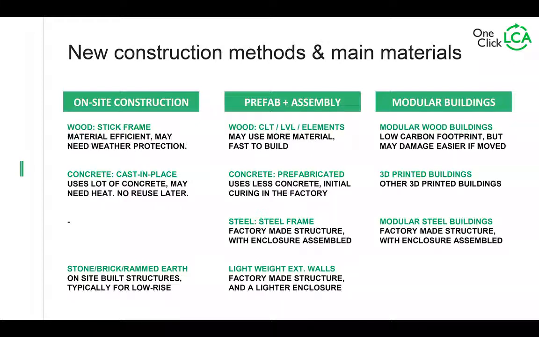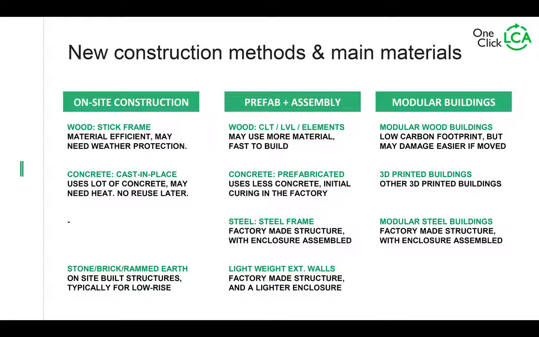In less advanced economies, they are also used sometimes for a bit taller buildings, but they are of course very seismically dangerous, so they might collapse if you don't use, let's say, strong structural materials. So those are the main on-site construction material application methods.